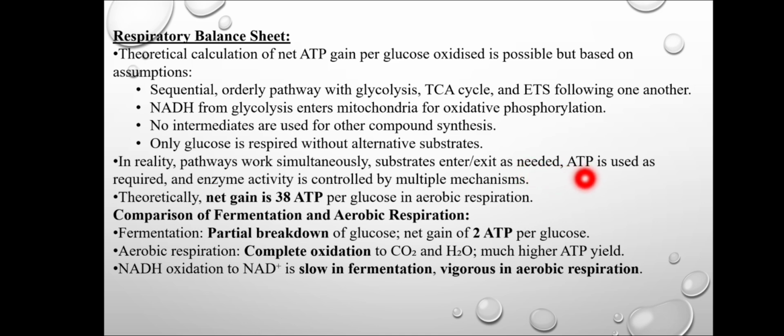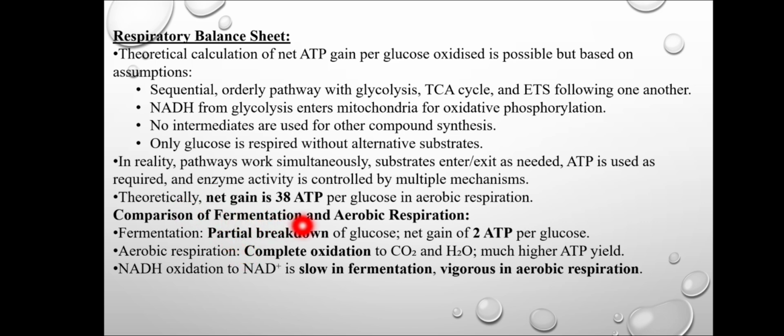In this process, ATP is used as it is required, and these activities are enzymatically controlled. So the 38 ATP we have just calculated is actually a theoretical concept. Practically, it may be less also.